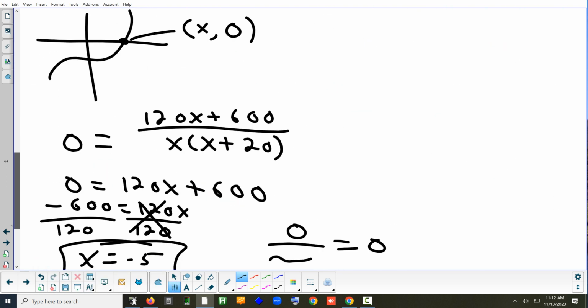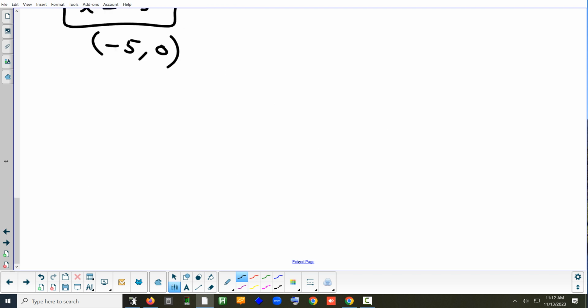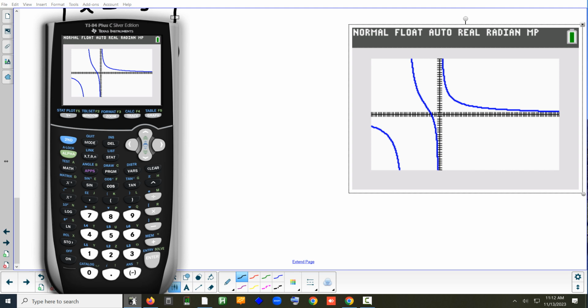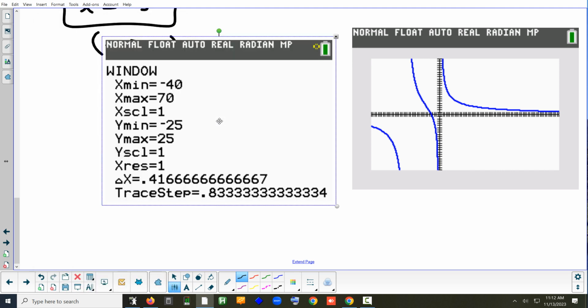Okay, so let me put the graph here. Let's put the window that we used right there. And that's a complete graph. Not the only complete graph, but I'd say it looks pretty good.